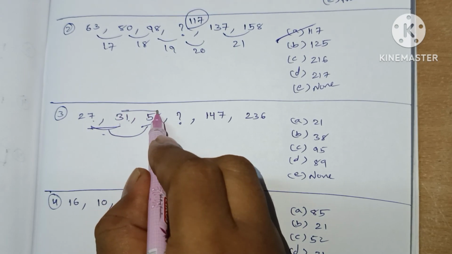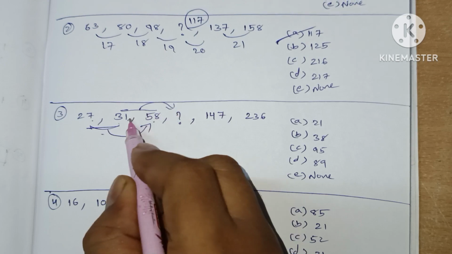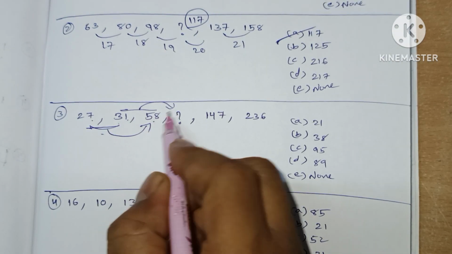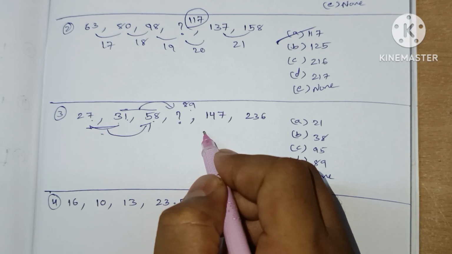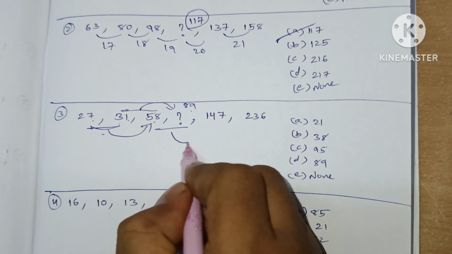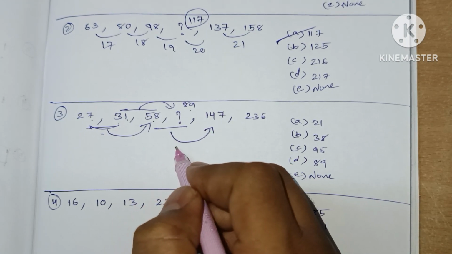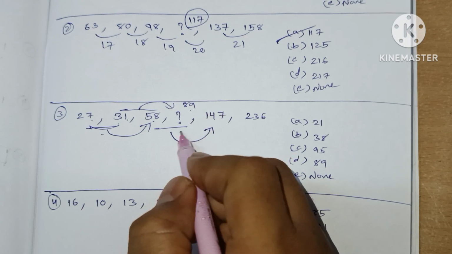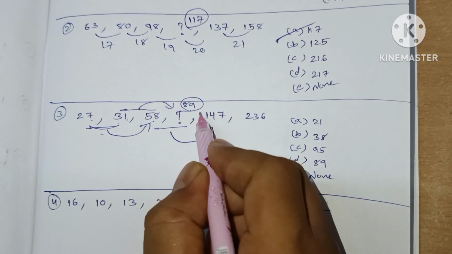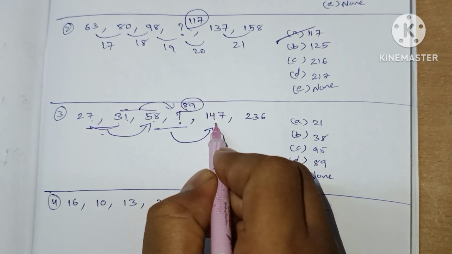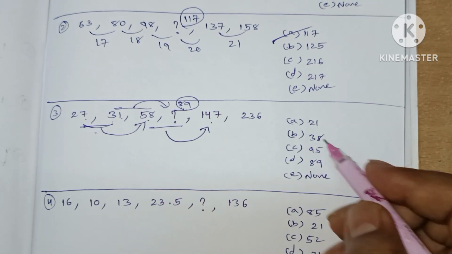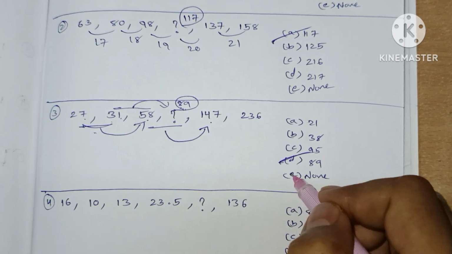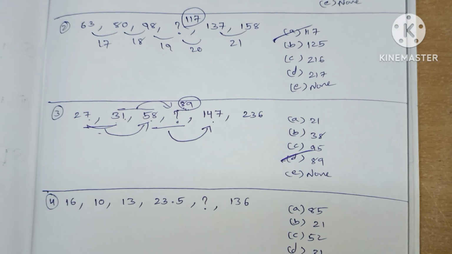Let's see, sum of these two will be this one, means 89. 58 and 89 sum will be 147. So our answer is 89. Let's see, 89 plus 147, which will be 236. So 89 is our answer. Option D is our answer.